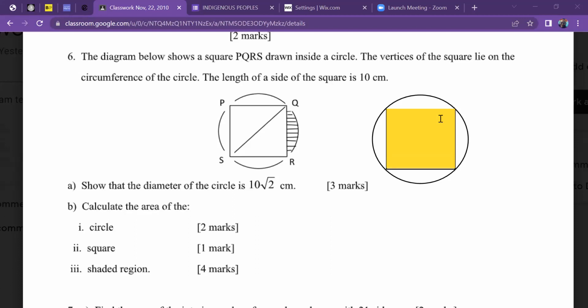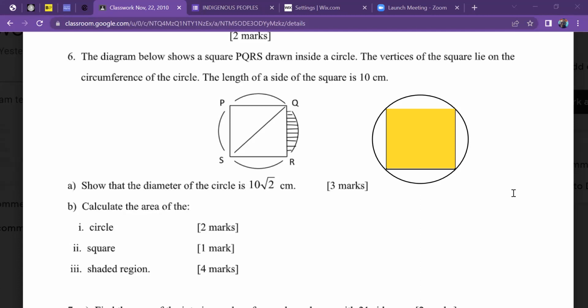Okay, how many sectors do we have? How many segments do we have? We have this segment over here, and we have a shaded region right here. Sorry, we have the area of the square and we have the area of the circle.